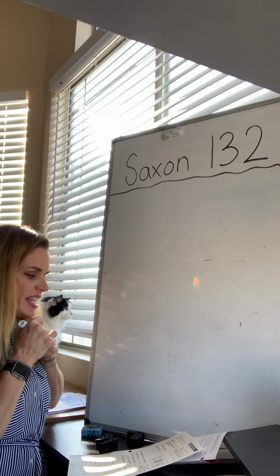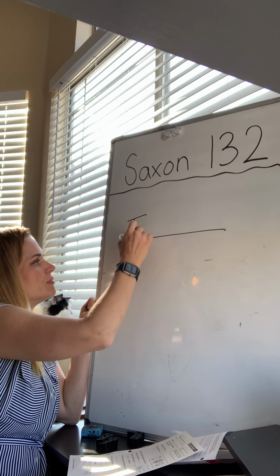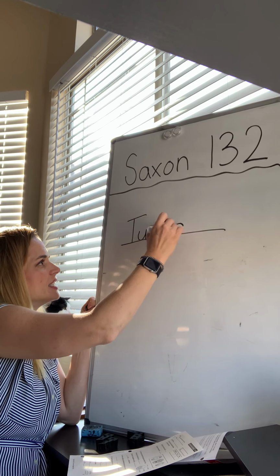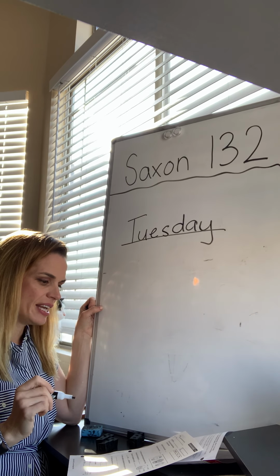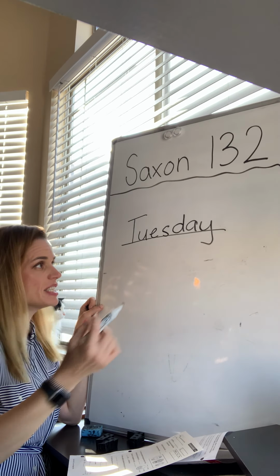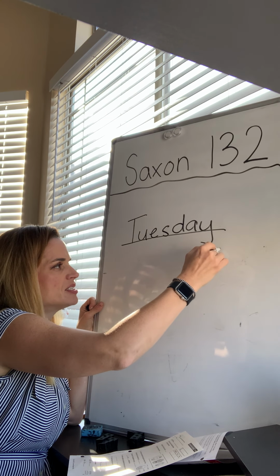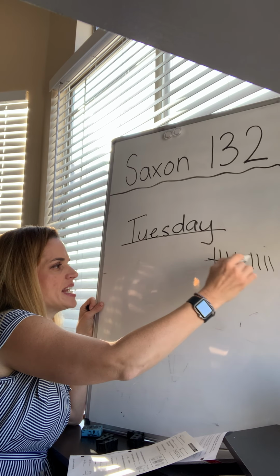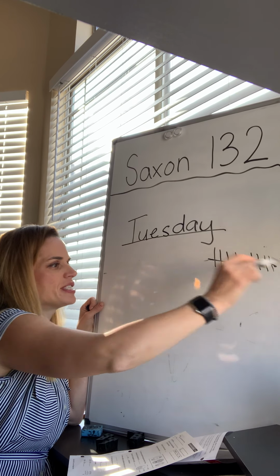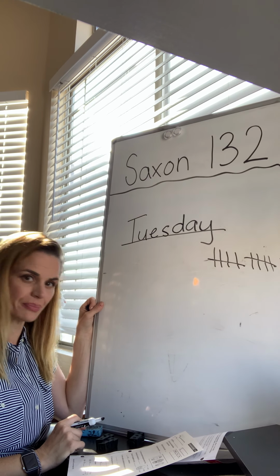So the day of the week is Tuesday. And let's write 13 tally marks. 1, 2, 3, 4, 5, 6, 7, 8, 9, 10, 11, 12, 13. Good job. All right, so 13 tally marks.